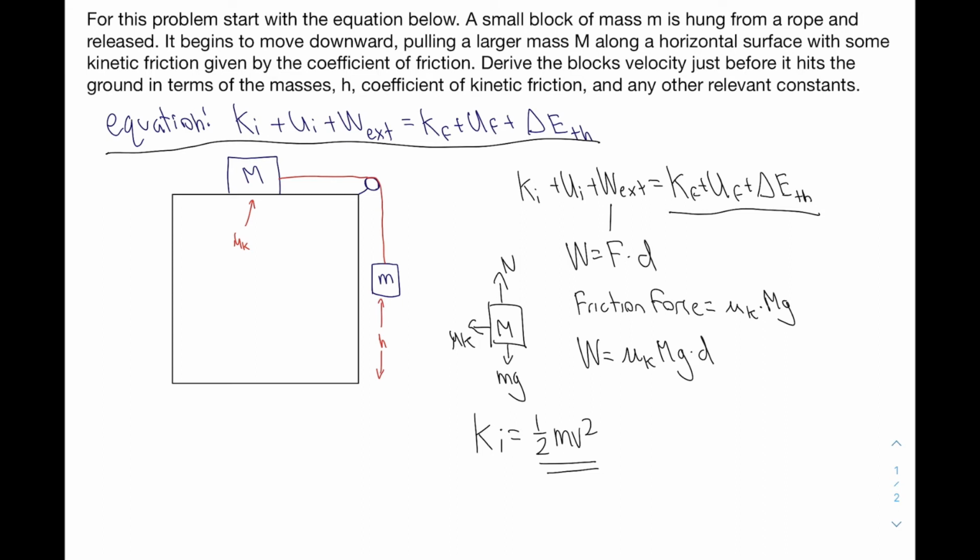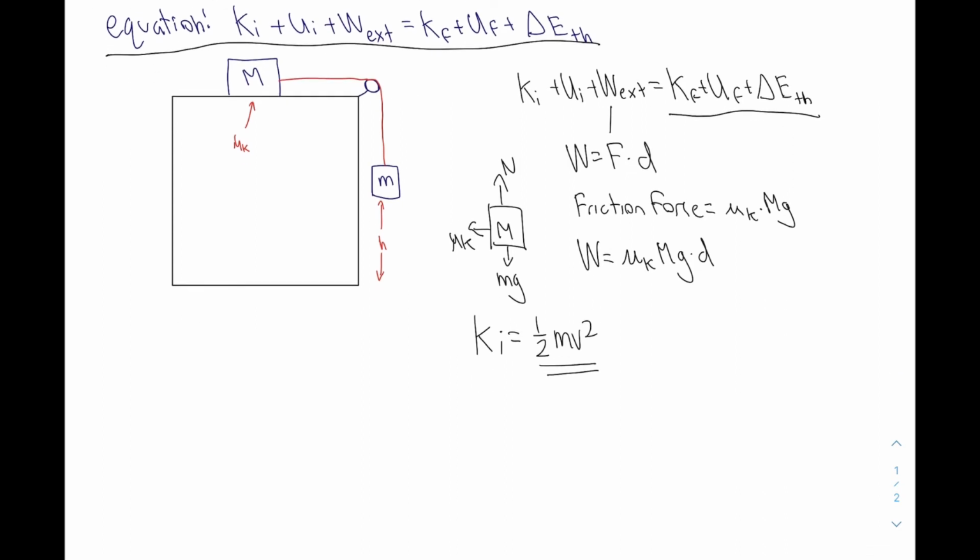And also there will be no thermal energy as well, as we're finding the velocity right before it hits the ground. So let's find the potential energy. Potential energy final is just going to be mg times the height.